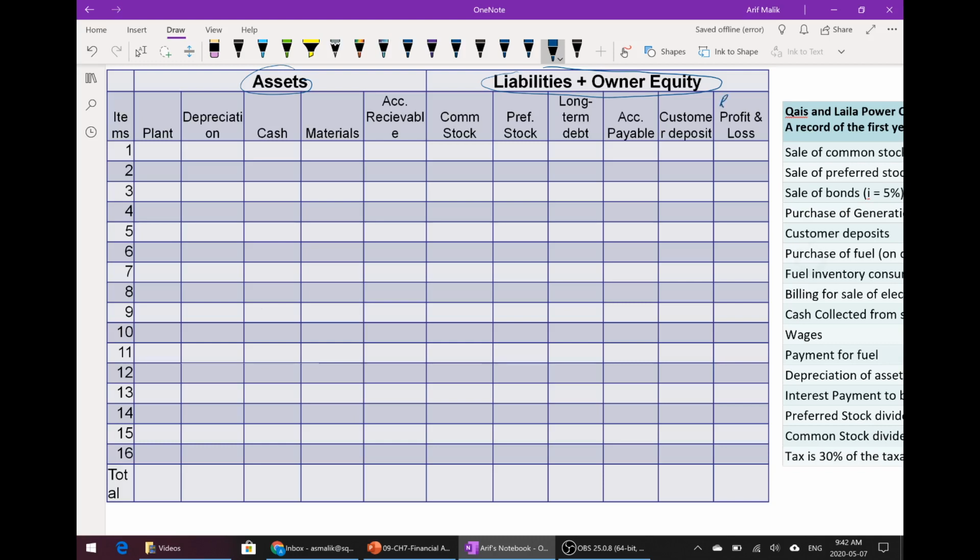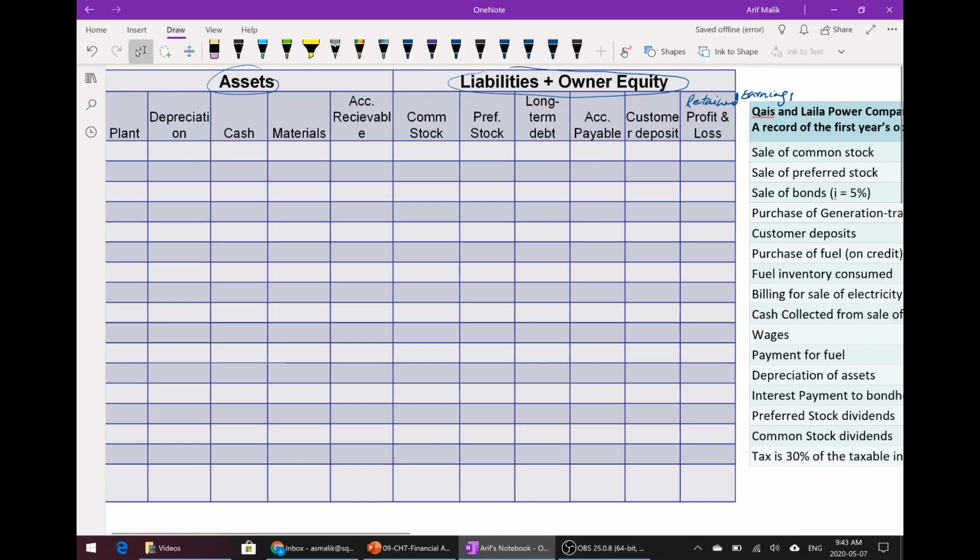Remember that these retained earnings go into the balance sheet. The link between the income statement and the balance sheet is the retained earnings. So whatever is retained goes to the balance sheet at the end of the year.